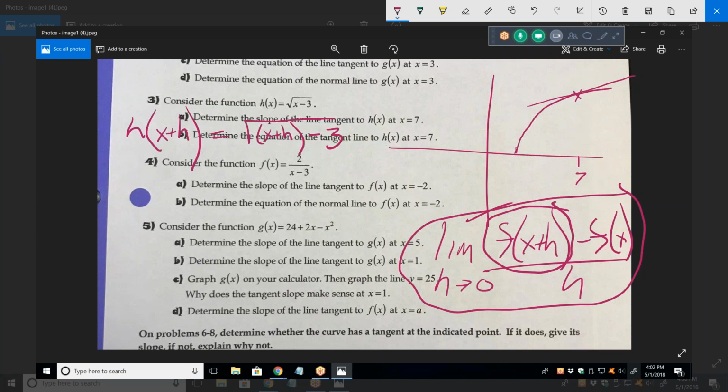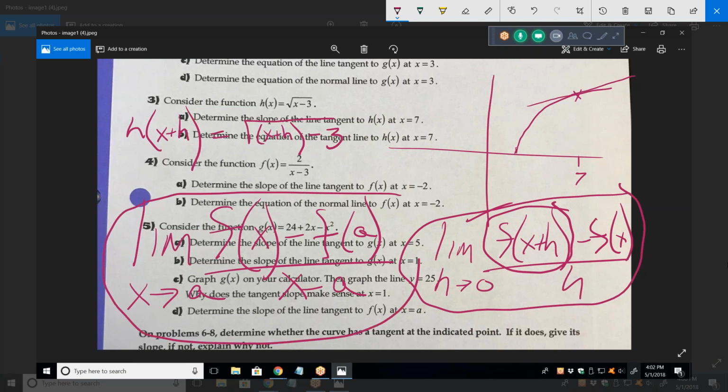There are actually two definitions for the slope of the tangent line. The other one is this one. If you're trying to figure out the slope of the tangent line at a specific point, this one can be used.